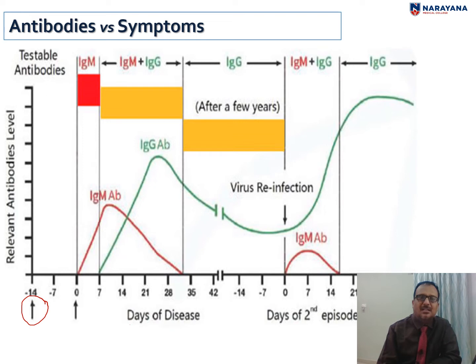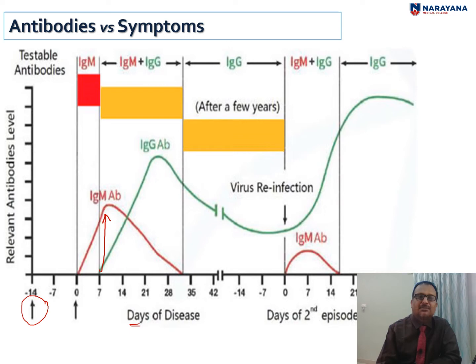With the onset of symptoms, on the 7th day, you can see high quantities of IgM antibodies produced. From day 0 after symptom onset, you can see the IgM antibodies, and they reach the peak at the end of the first week.